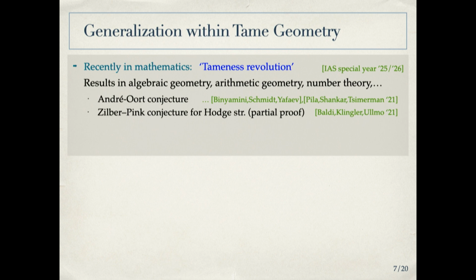And just to give two examples, a long-standing conjecture, the André-Oort conjecture, has been proved recently, or at least suggested, and the Shafarevich-type conjectures for Hodge structures led to partial proofs. So there are several remarkable theorems and conjectures about finiteness in this field.